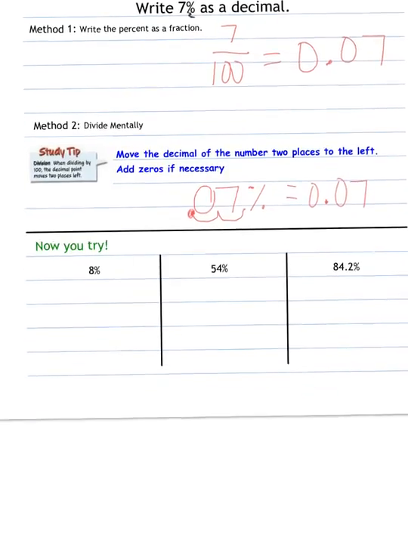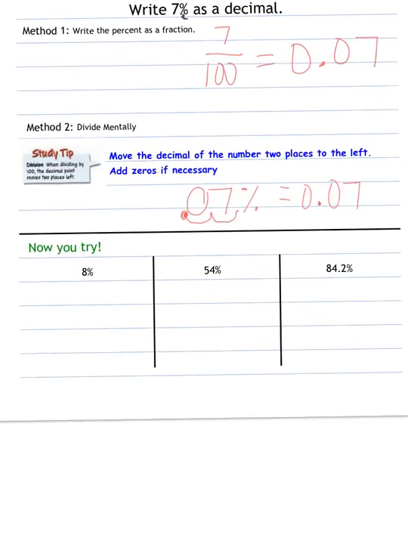Okay, there's a couple here for you to try on your own. First one is 8%. You can either write it as a fraction, so 8% is out of 100. 8 hundredths, so it looks like that. Or with 8%, you can move the decimal spot 2 to the left, 1, 2, and then it's going to be the same thing.